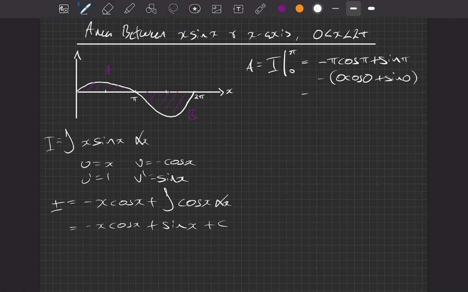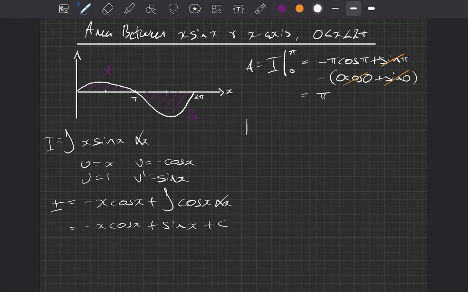Beautiful. So when we stick everything in here, cos of pi is minus 1, so minus 1 times minus pi gives us pi. And everything else, sine of pi is 0, 0 times cosine of 0 is 0, and sine of 0 is 0. So A is equal to pi.